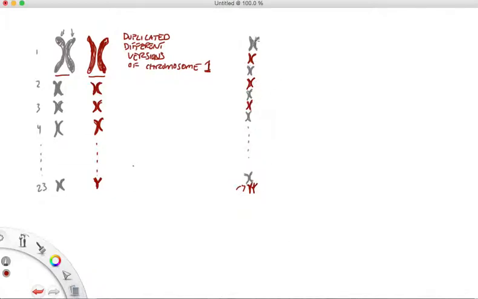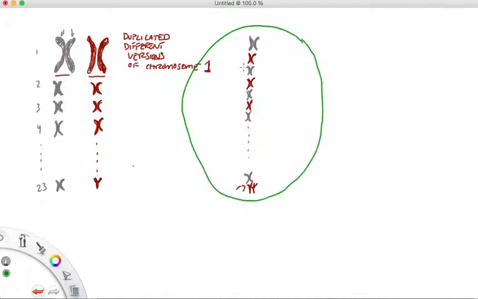Anyway, these are all lined up right in the middle of a cell. And so if you're going to draw a cell around this, I'll just draw a cell right here. Like in mitosis, this would be the cell membrane.